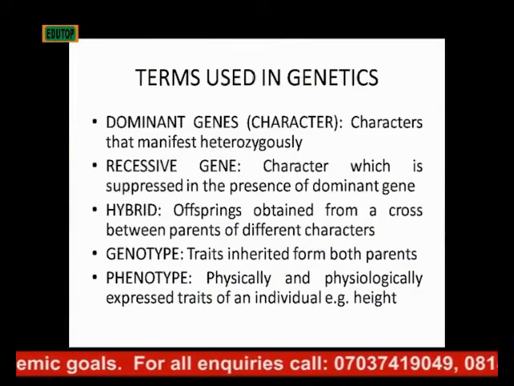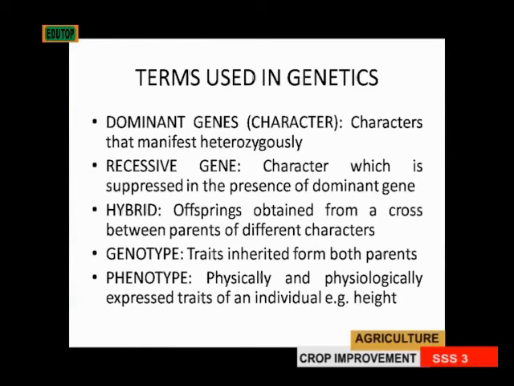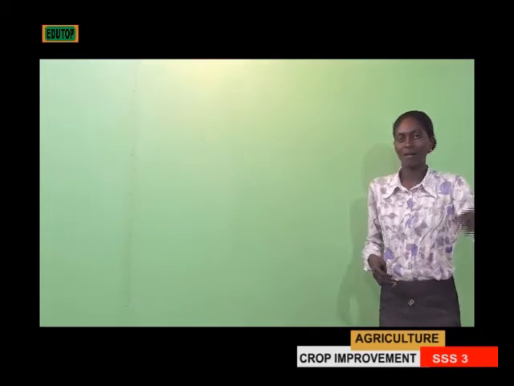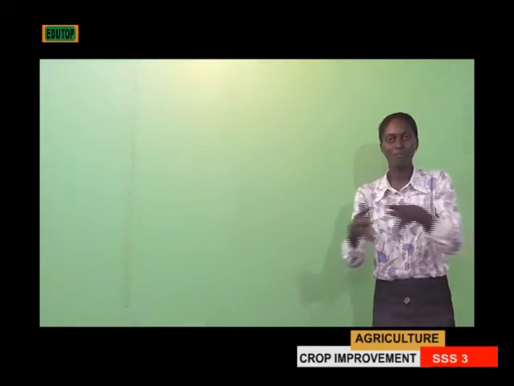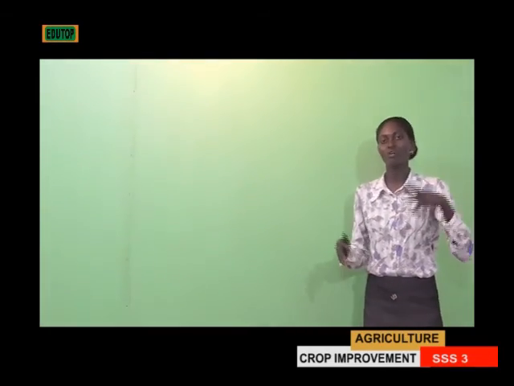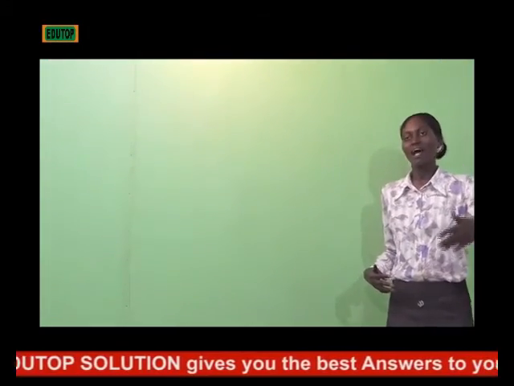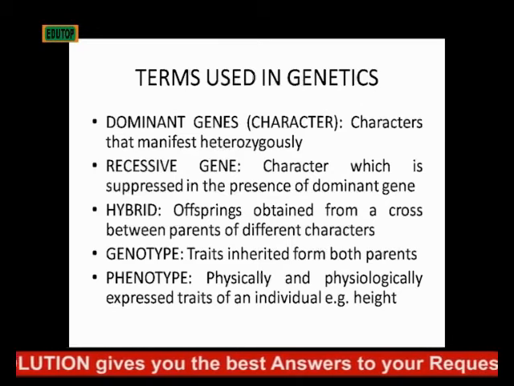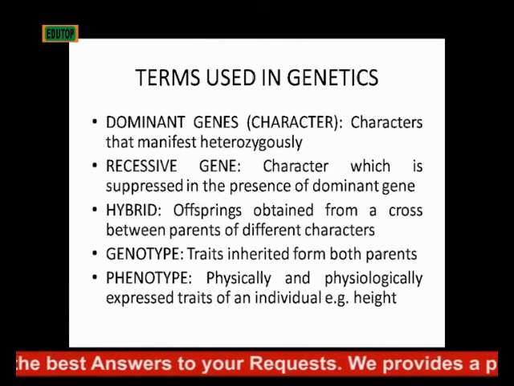Then a hybrid is an offspring that is obtained from a cross between parents of different characters. So you bring a parent with this character and another parent with the other character, then the offspring that you obtain from their cross is called a hybrid, because they are not the same. Then genotype. Genotype is a trait that is inherited from both parents.